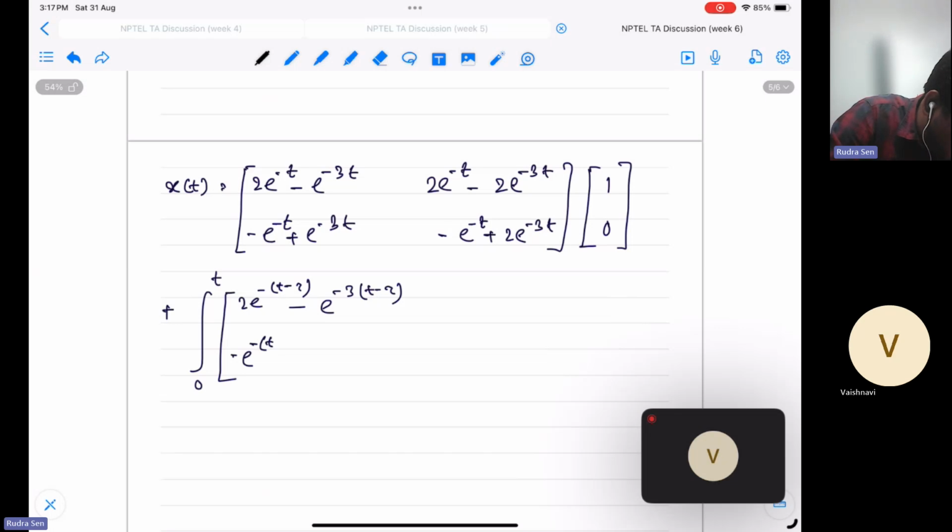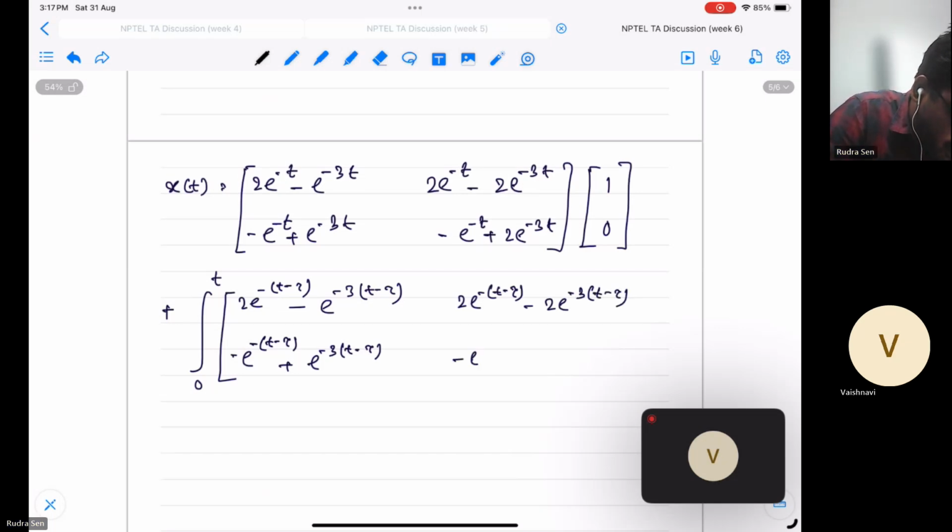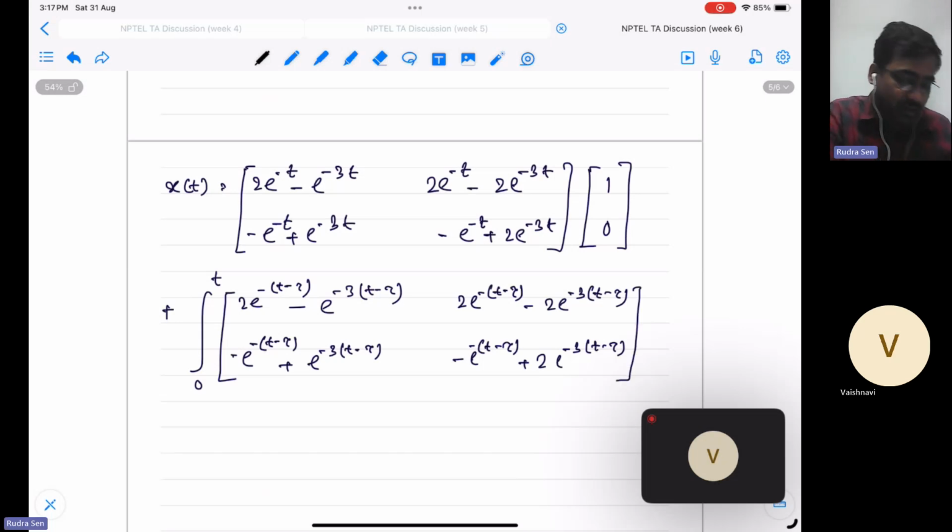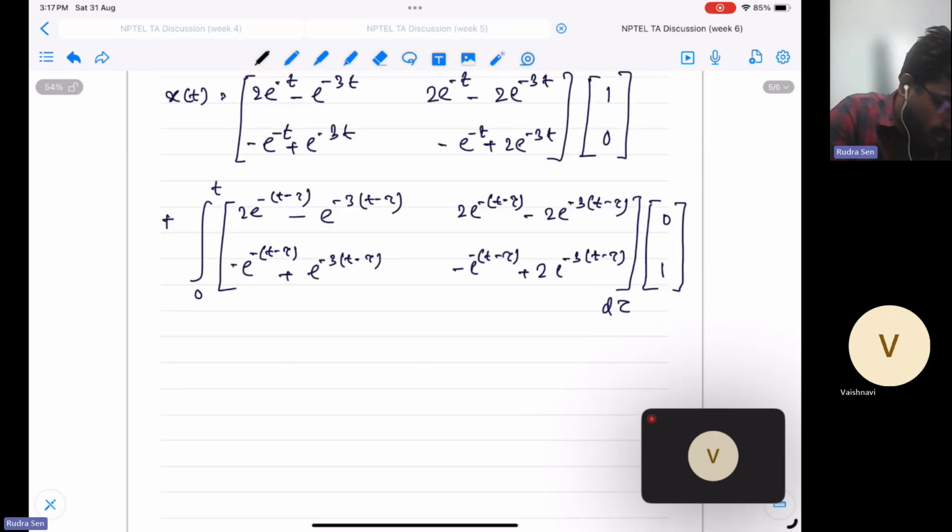This is e to the power A(t minus tau) into B. What is B? B is 0, 1, and you know that u(tau) is basically 1. So this is the equation.